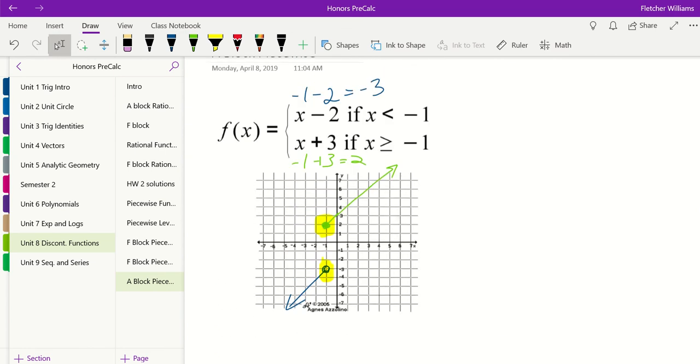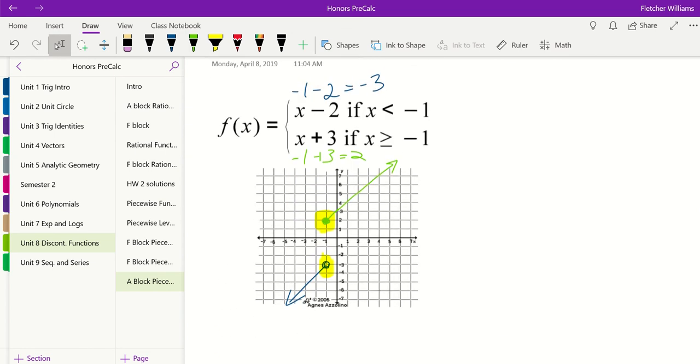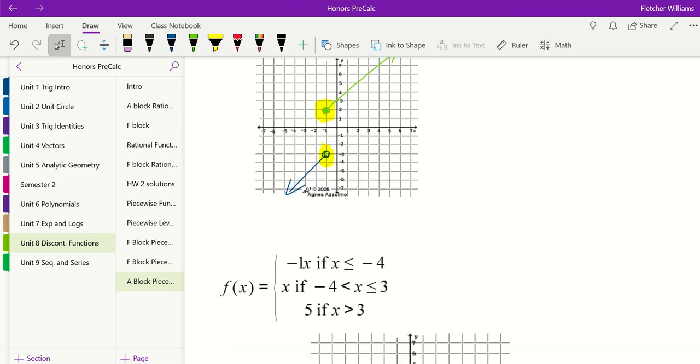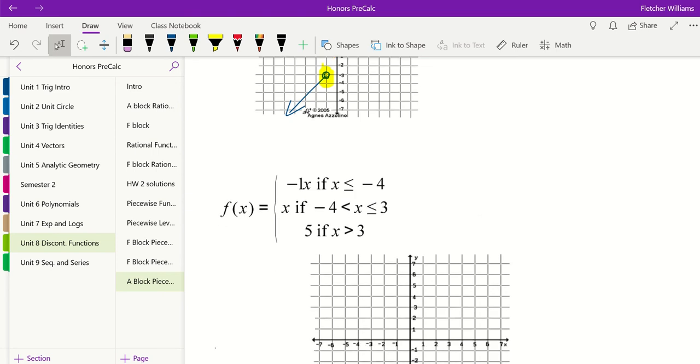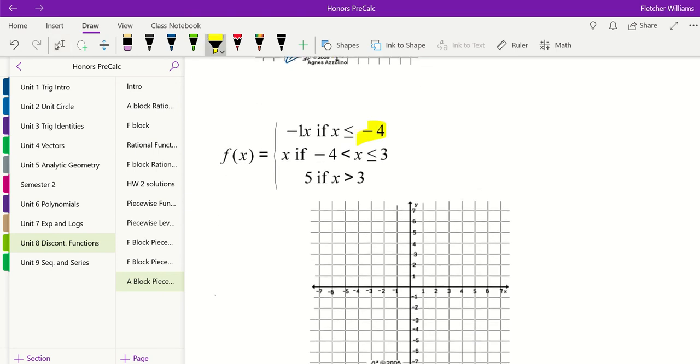For the first one, I plugged that boundary point where the function changes into each piece of the piecewise function. So I will take -4 and 3 and plug them into different parts. For example, if I take -4 and plug it into -x, I get -1 times -4 equals 4.